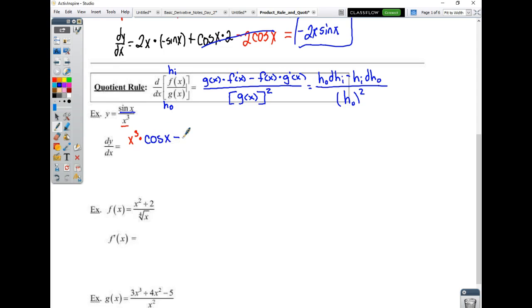Minus the high times, I almost lost my color coding, all divided by x to the third squared.